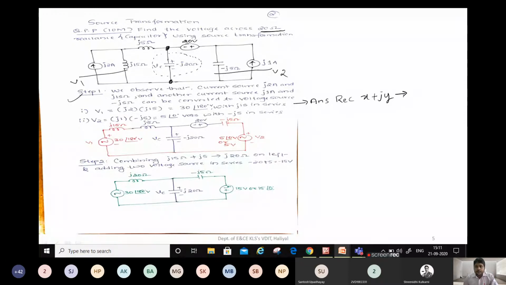You can convert it into polar form, some magnitude X at an angle phi, which is optional but simpler to analyze. If you have any difficulties, you can ask me anytime. This is the first step.